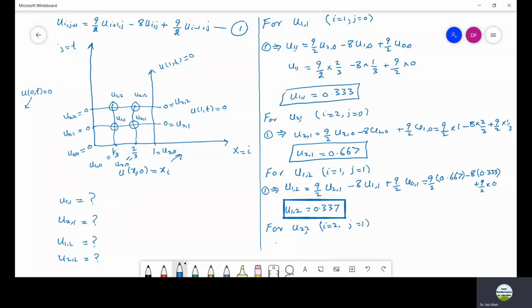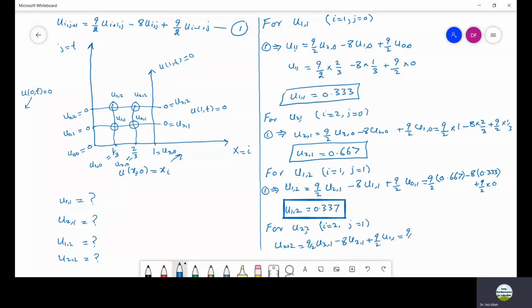Then from the left hand side we can get u2,2, and that is equal to 9 by 2 u3,1 minus 8 u2,1 plus 9 by 2 u1,1. Let us put the values.